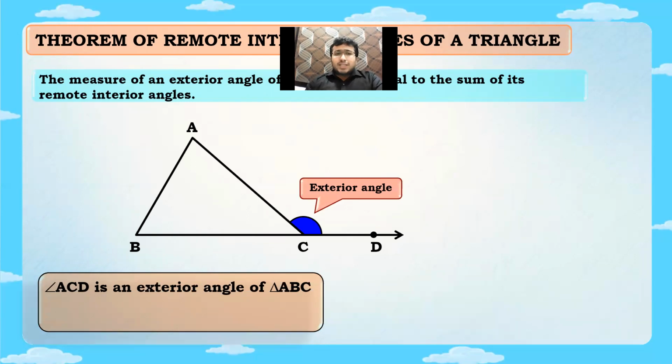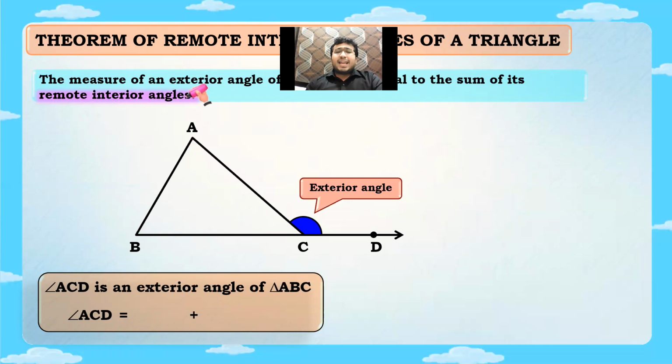Now, students, this theorem says the measure of an exterior angle, that is angle ACD, is equal to, so I put a sign of equal to, the sum. What does sum mean, students? Yes, it is plus. So we need to add something. What do we need to add? The sum of its remote interior angles. Tell me, students, for angle ACD, which are the two remote interior angles? Superb.